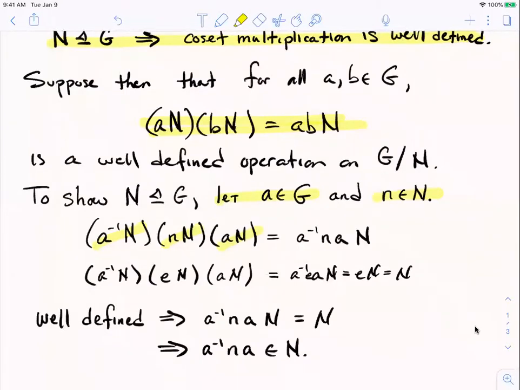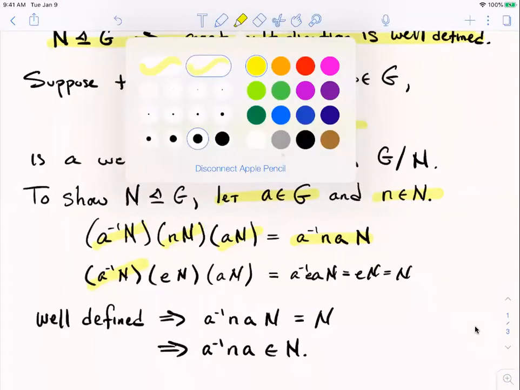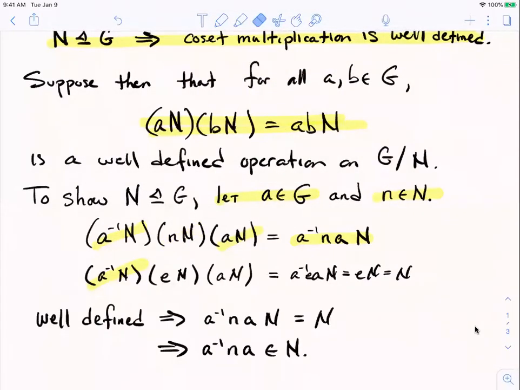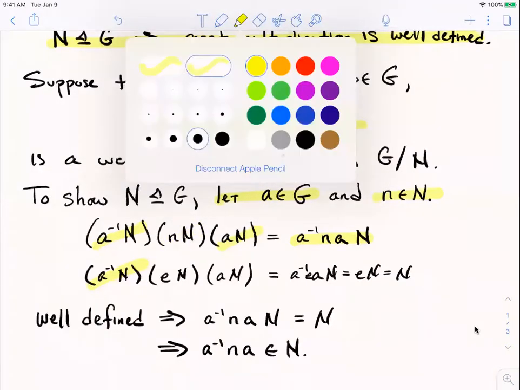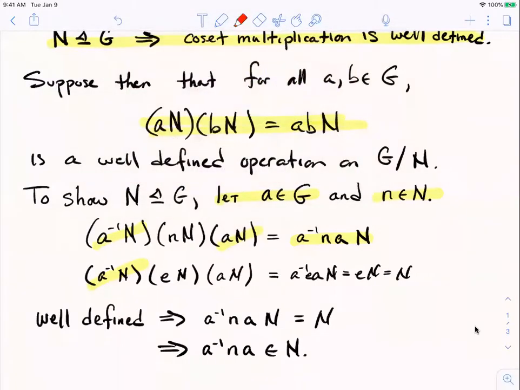By the way we multiply cosets, and the fact that it's all associative, I'm going to get the coset containing a inverse n a, the coset containing that sandwich. But here is the slick part. I'm going to change my representative.